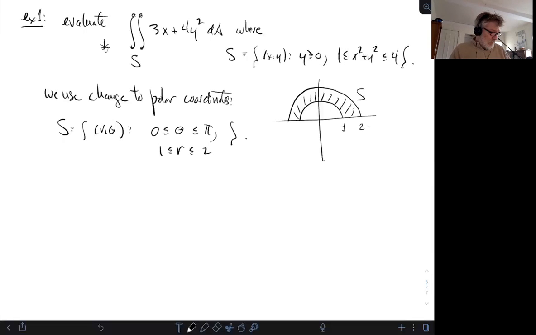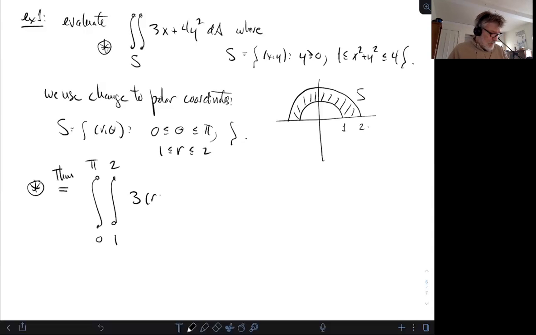So this integral, by our theorem, what is it? Integral 0 to pi, integral 1 to 2. So 1 and 2 are the h1 of theta, h2 of theta. They happen to be constant. That's the easiest case. Then I replace every x and y by r cos theta, r sine theta.